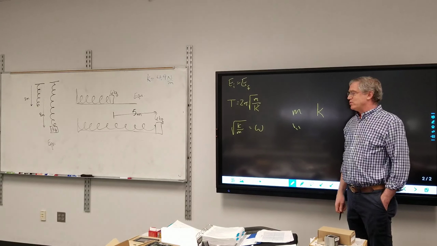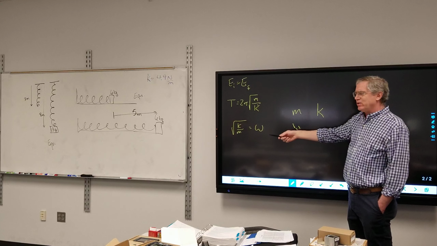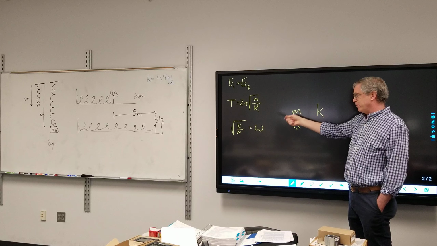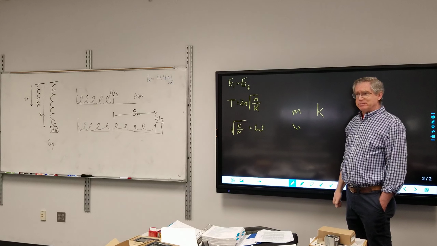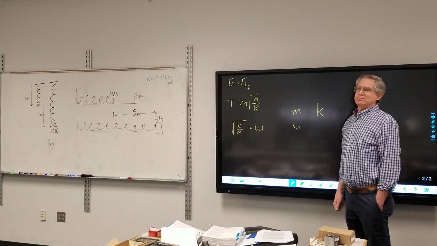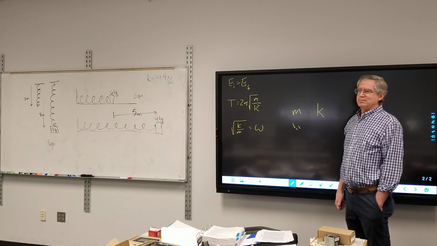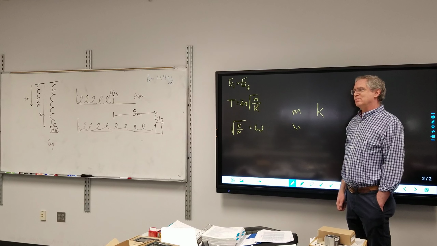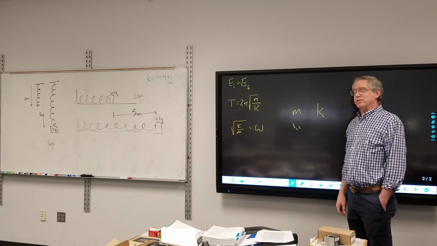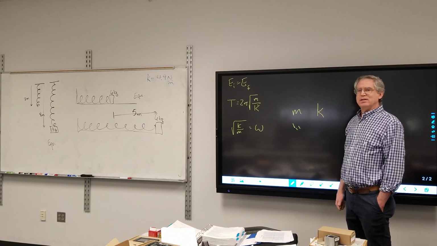So we have those equations right there. Matter of fact, once you have this, there is a relationship. What is the relationship between frequency and angular frequency? Angular frequency equals 2 pi times frequency.